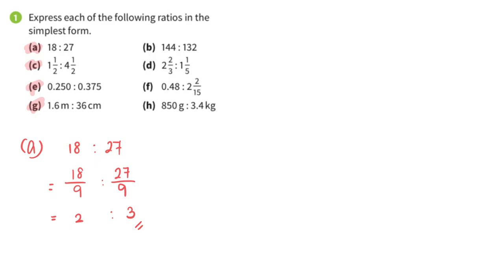For part C, 1.5 is to 4.5. I would first change both into improper fractions. This will be 3 over 2 is to 9 over 2.